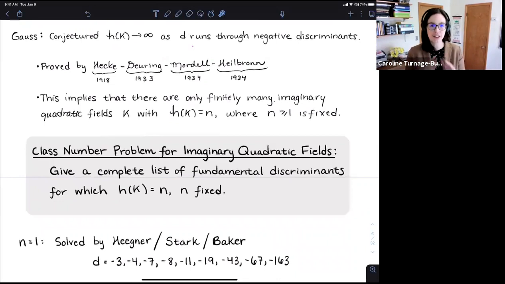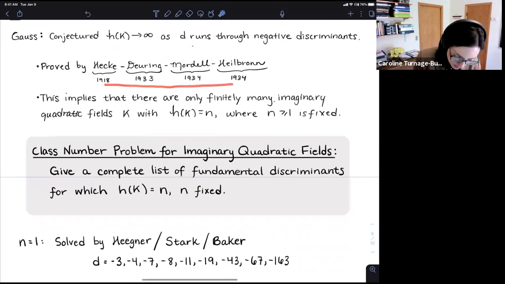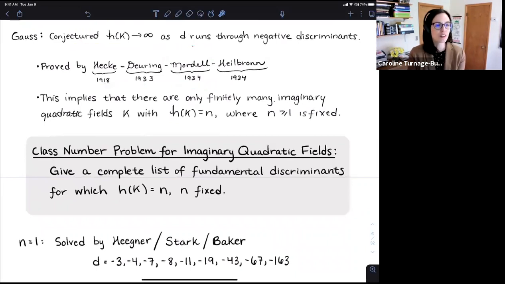You put everything together and, with all of these pieces combined, you get the full conjecture. What this implies is that there are only finitely many imaginary quadratic fields with a fixed class number. And so then we want to classify them. The class number problem is to give a list of the fundamental discriminants for which the class number is fixed.